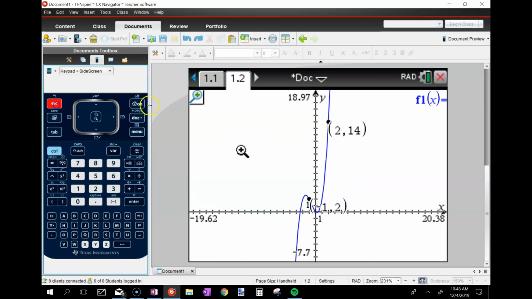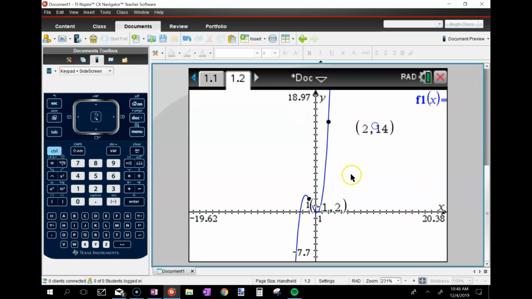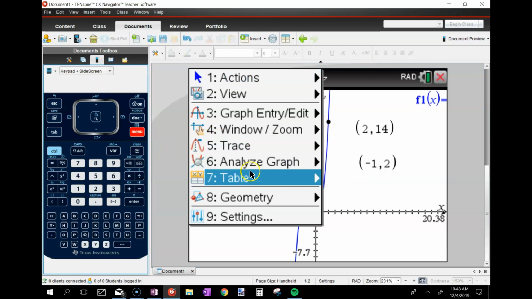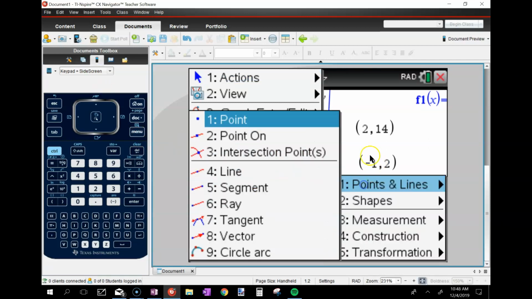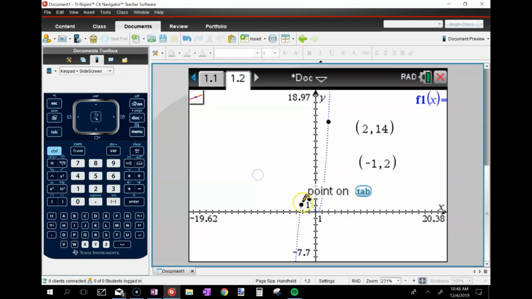Undo. All right. So what I'm suggesting, again, I want to make sure it's clear, guys, is between these 2 points, I can connect them with a secant. So let's do that. Connect them. Points and lines. There's a secant between those 2 points, right?